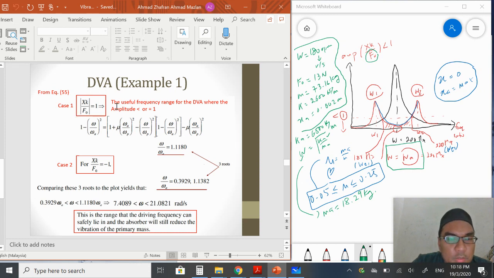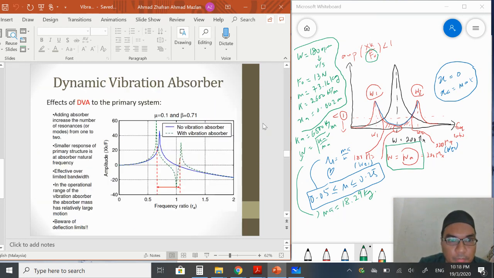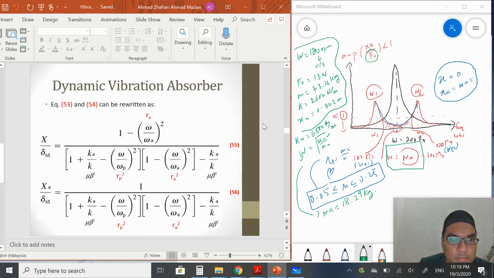As a rule of thumb, the amplitude, Xk over F naught, must be below 1. So we have this equation; refer back to equation 55 here. By using equation 55, the static deflection is F naught over k.